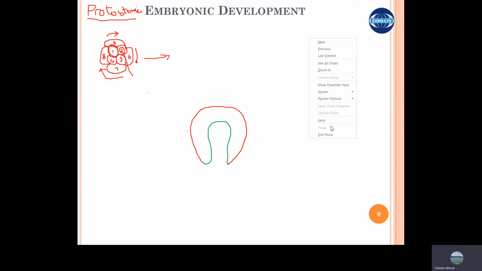And then the third layer forms when a few cells from this part of the endoderm split up and divide quickly in these empty spaces in this cavity, on both sides, and they are differentiated as the mesodermal cells.